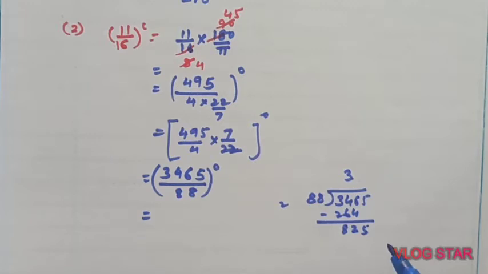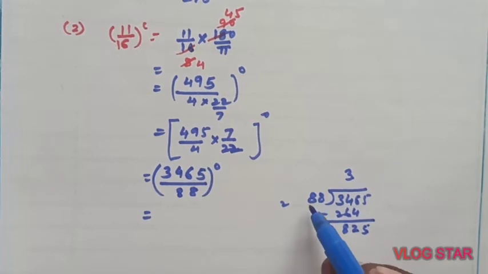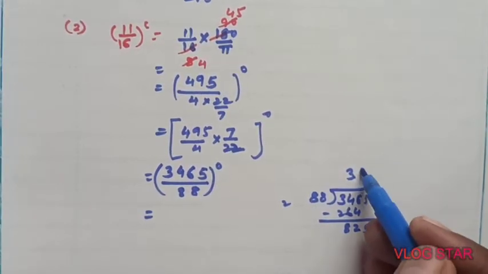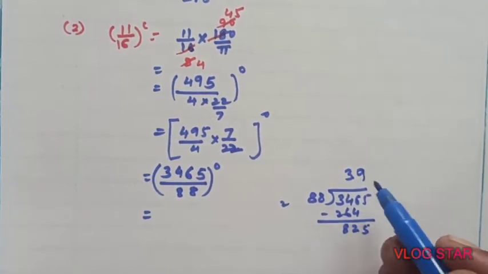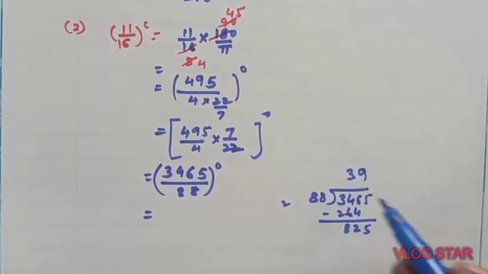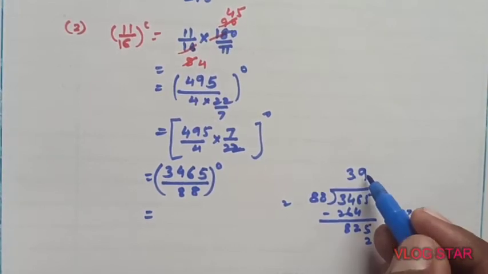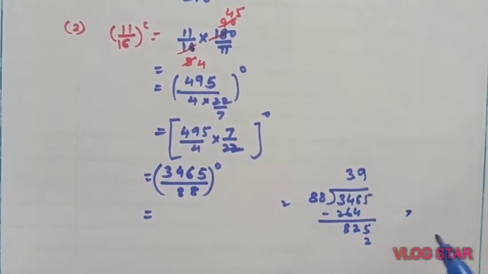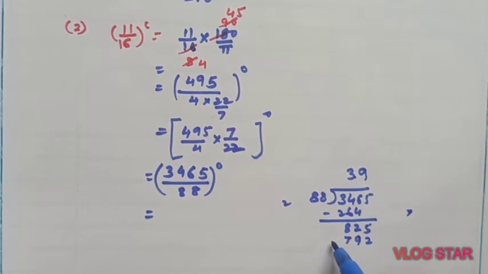So again divide 825 by 88. I hope 88 goes probably 9 times. We'll check. If not, we'll reduce it. So 9 8s are 72 plus 7, 79. Yes, it is coming. So 3.